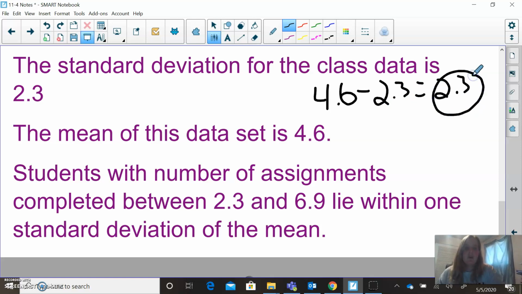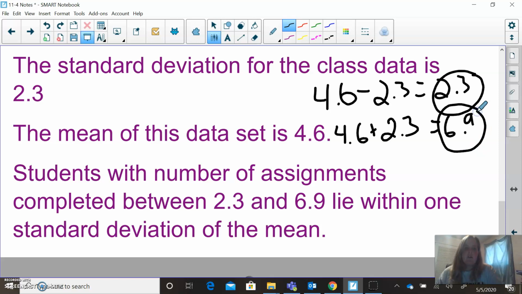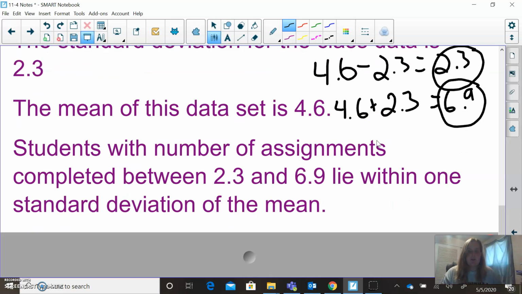And then if you take 4.6 plus 2.3, you get the 6.9. So, to calculate 1 standard deviation away, you just add or subtract from the actual mean.